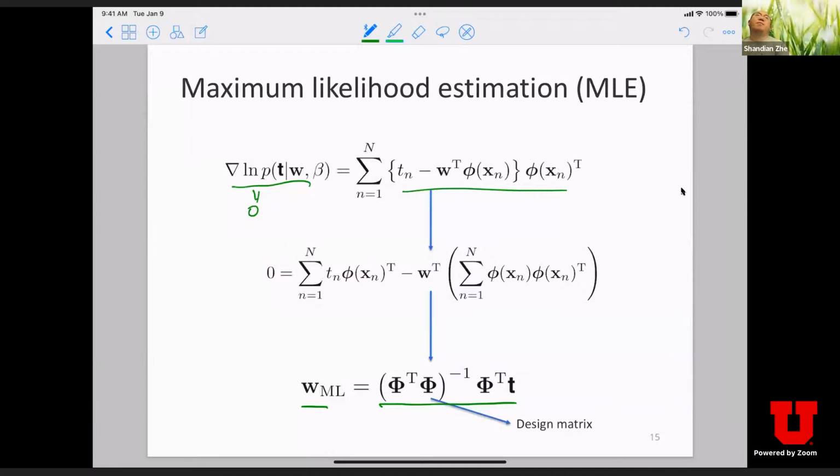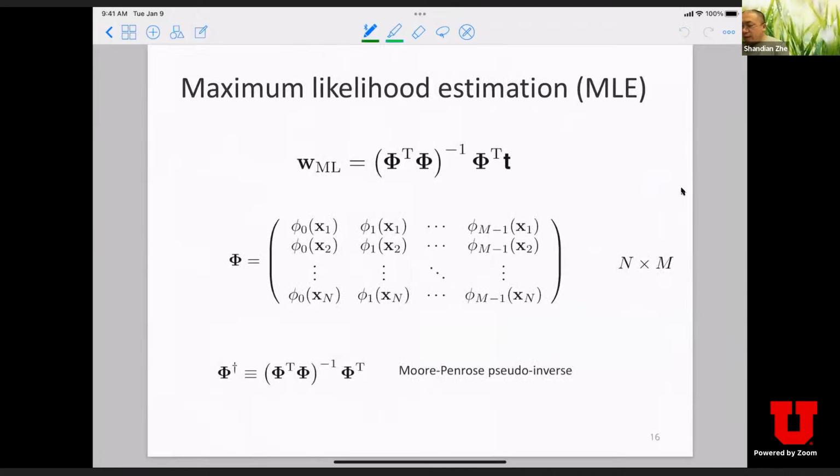This capital phi is essentially a stack of the transformed feature vectors for all the observations. So it is an n by m matrix. N is the number of training examples, and m is the number of basis functions. So each row corresponds to the transformed feature vector by the m basis functions.